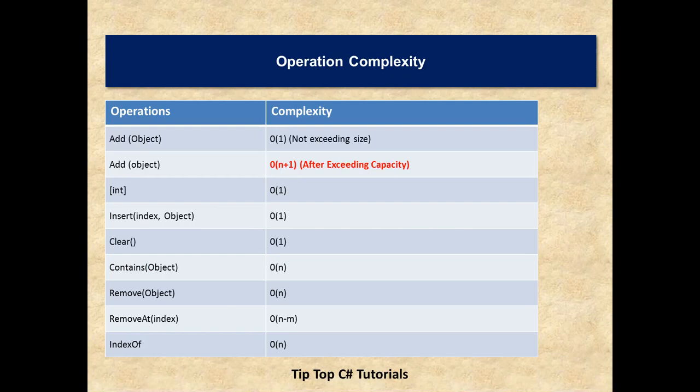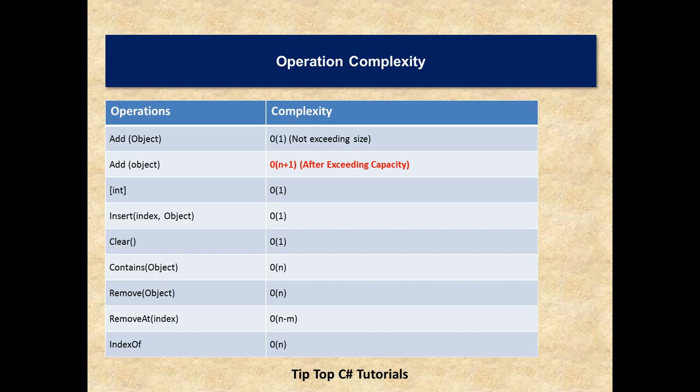Apart from this, list also provides multiple operations. It can be adding an object, which can be of type T here, or a list. If you want to insert at a specific index, like the 5th, 6th, 7th, you can.